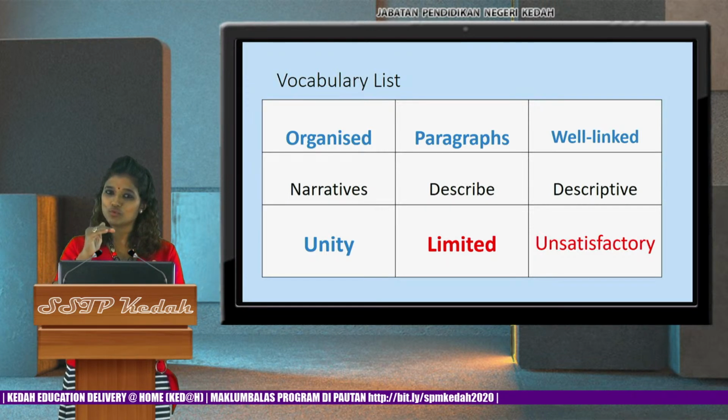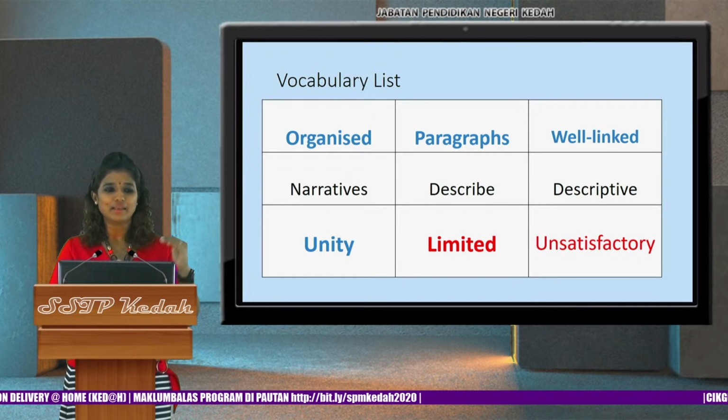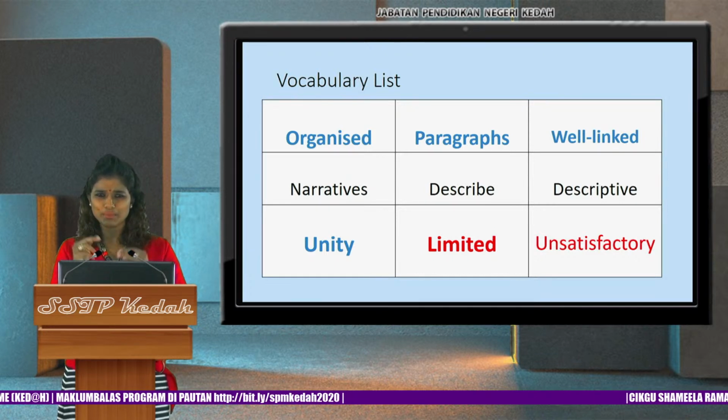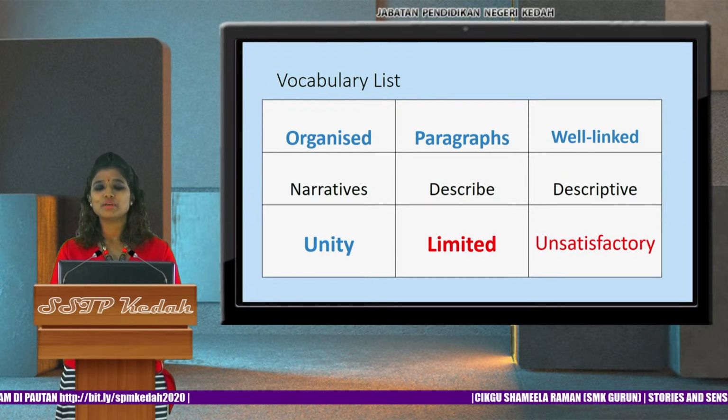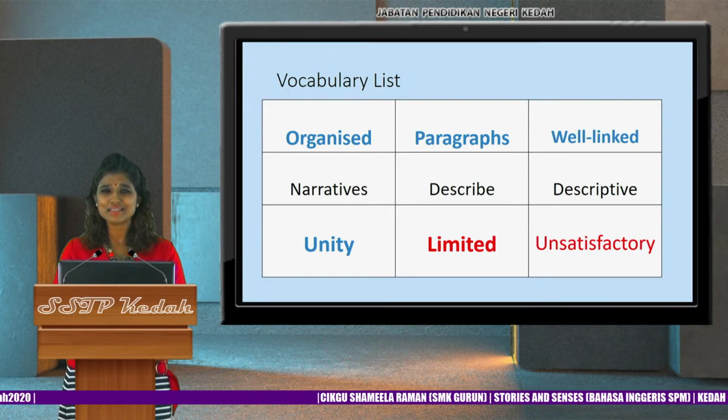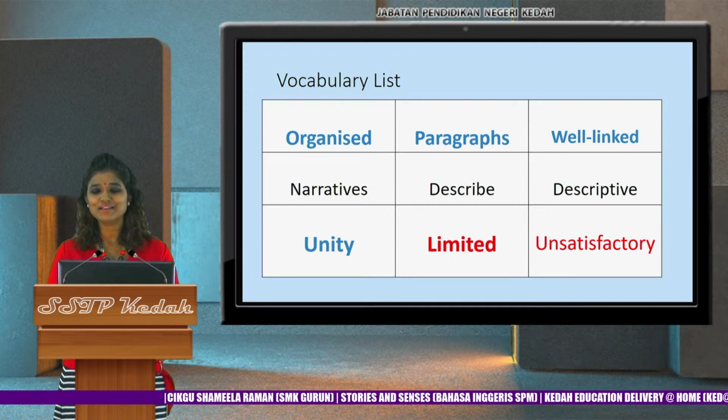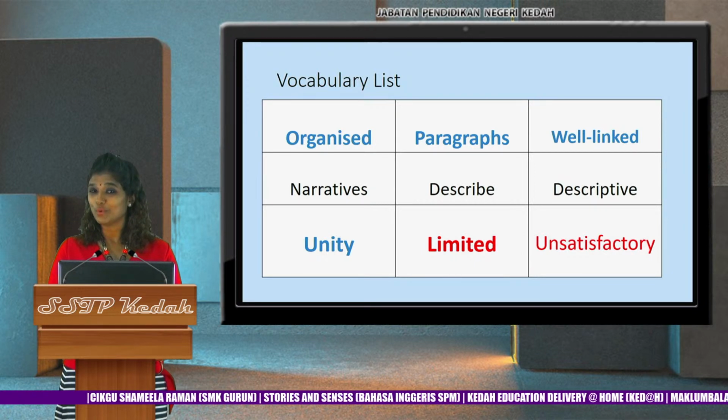It should move in a proper line, A to Z. If you mix up there, it's going to disturb your mark bands. Next, we also have the words limited and unsatisfactory in red. The color defines it actually. We'll be looking at why I've picked this.